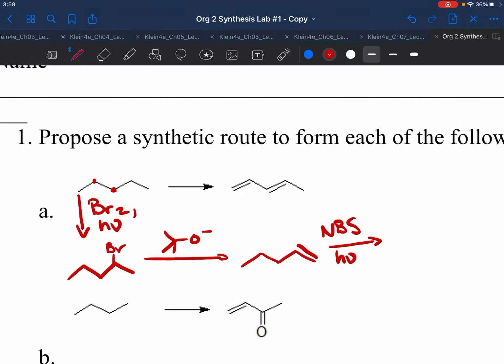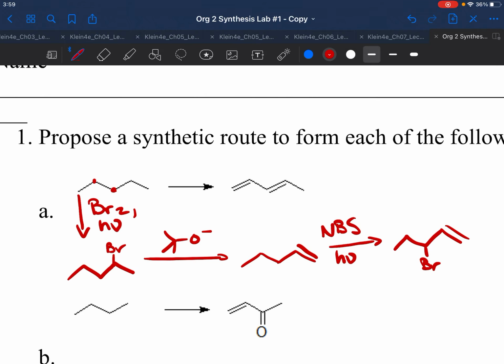Remember, NBS, N-bromosuccinimide, does the same thing as Br2. It keeps the level of Br2 low so you don't have that competing reaction. Now, it is selectively going to go to this position because not only is it secondary, it's allylic.